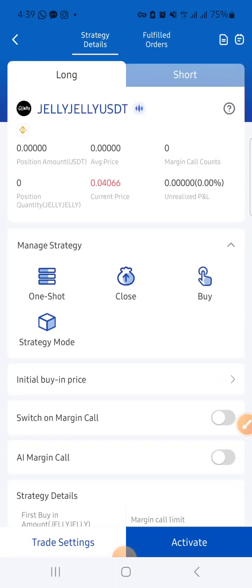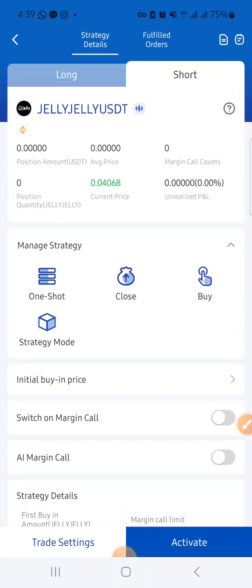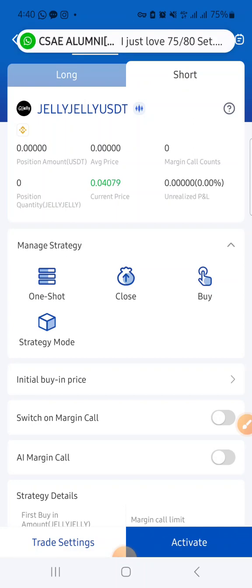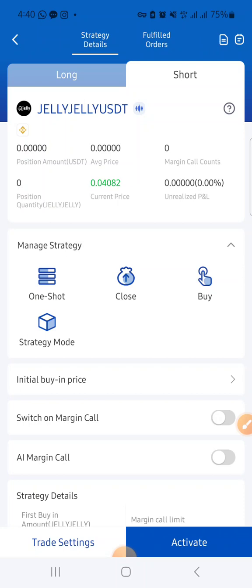And then if it is a short one, you can also see it sometimes put as sell. It's the same thing. Short means that you are picking the trade when the value is high, and then you sell when it is going down.